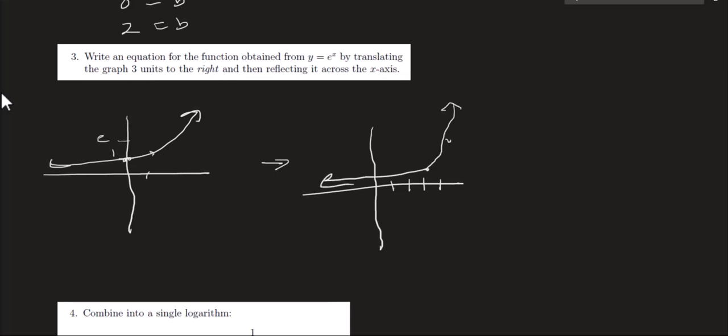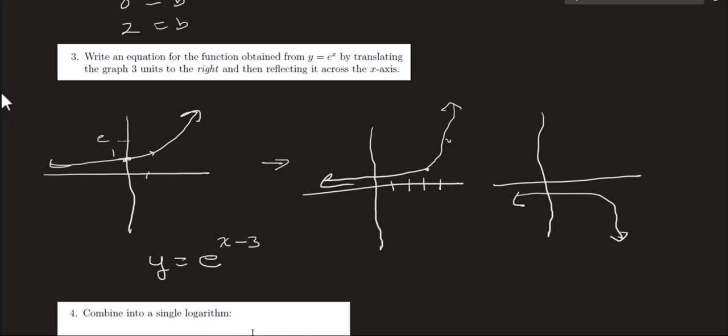And then we're reflecting it about the x-axis. Okay, so that would be y equals e to the x minus 3.